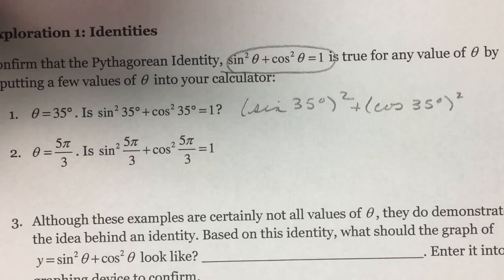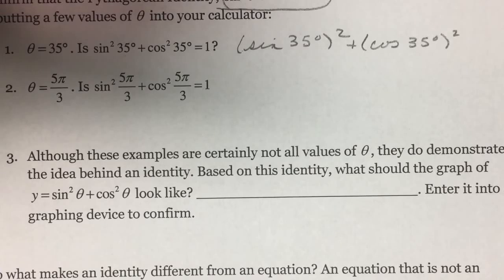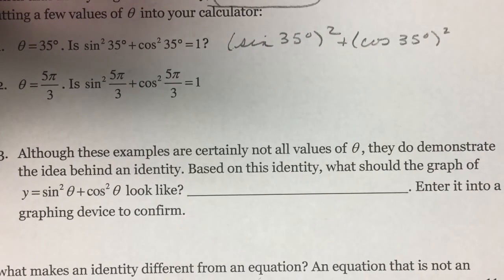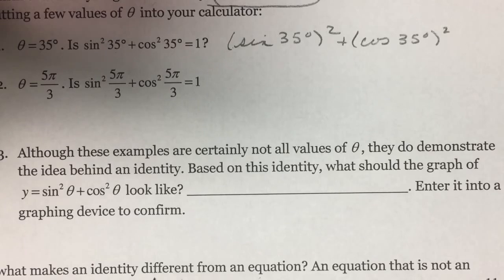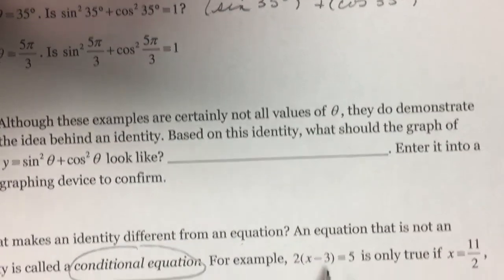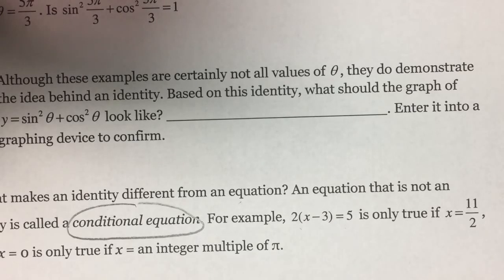Okay, so let's talk about what makes an identity different from an equation, because we're going to be showing that identities are true for the rest of the course. An equation that is not an identity is called a conditional equation. 2x minus 6 equals 5 is a conditional equation.